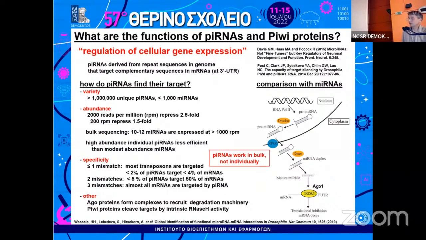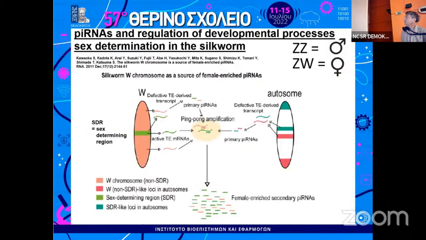The miRNAs, when they have their target hybridized, recruit complexes that recruit a dedicated degradation machinery. While in the case of the PIWI proteins, it needs to rely on the intrinsic RNase activity in the PIWI domain.